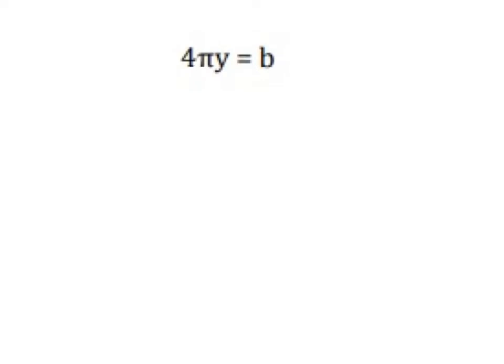Here we have 4 pi y is equal to b. Now we need to remember that pi is actually a number, okay? We call it a constant in maths because it is represented by the same number. So pi is a constant that is 3.14 and so on. So this number here, 4 pi, is just going to be 4 lots of a number.